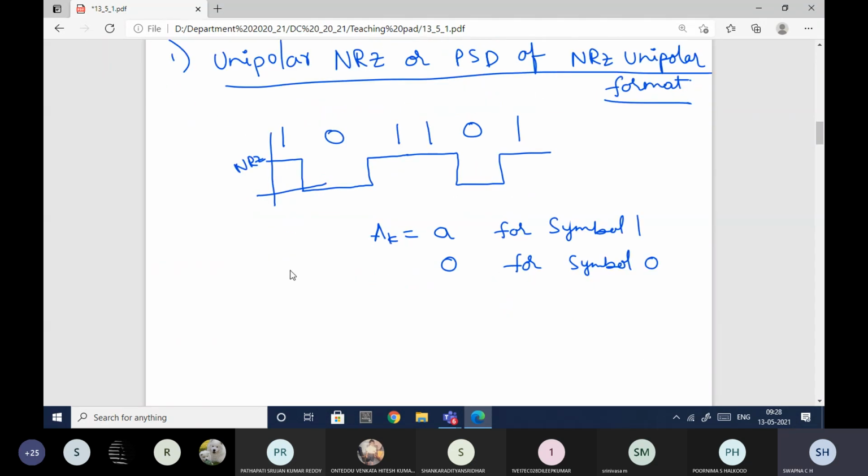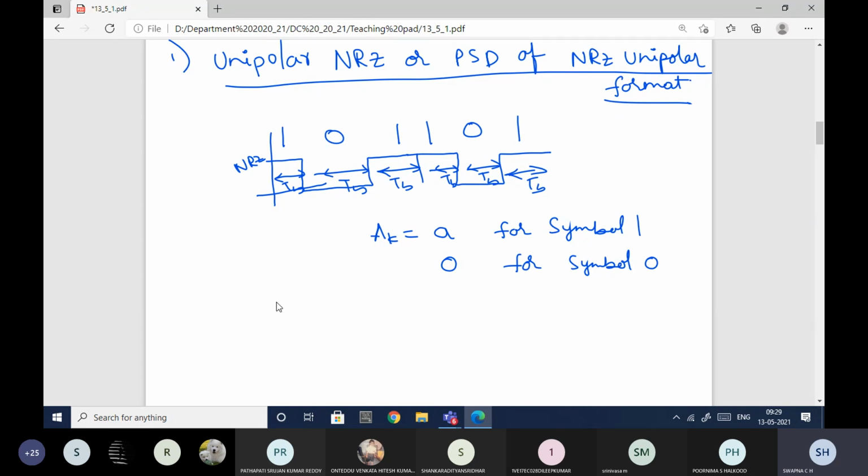And each pulse will be of duration T_B. Wherever you take, this duration will be T_B, this will be T_B, even this duration will be T_B. So A_k is equal to A for symbol 1, and A_k is equal to 0 for symbol 0.